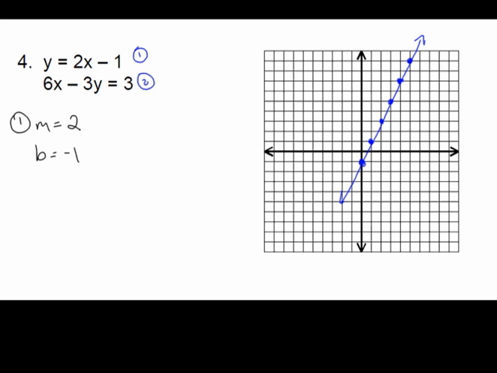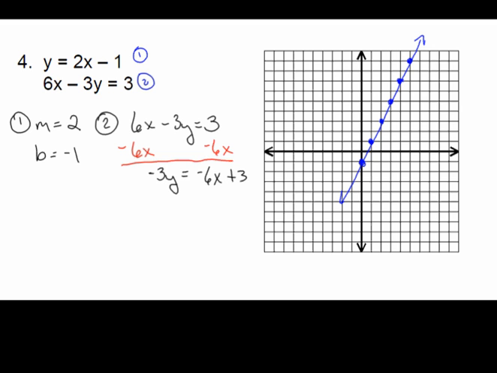Now equation number 2, I do have to do a little bit of work on it. So I have 6x minus 3y is equal to 3. I'm going to subtract 6x from both sides of my equal sign. So I have negative 3y is equal to negative 6x plus 3.